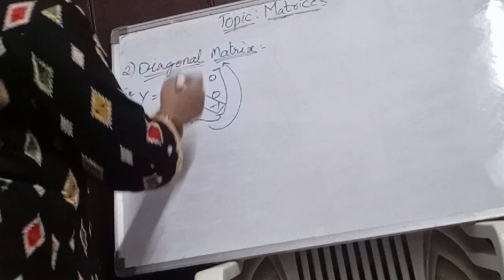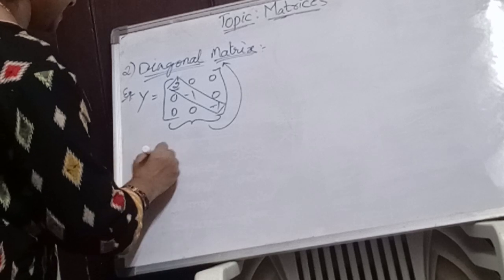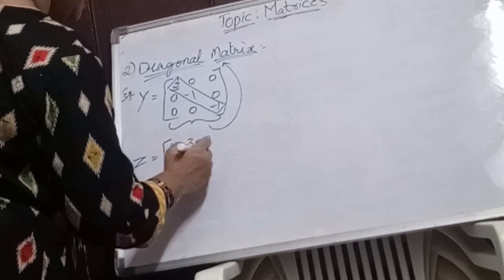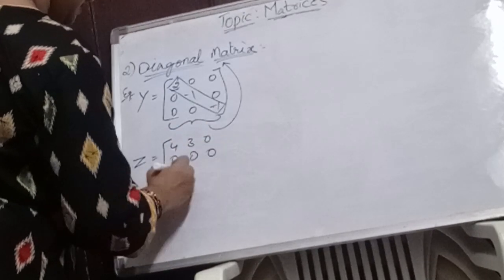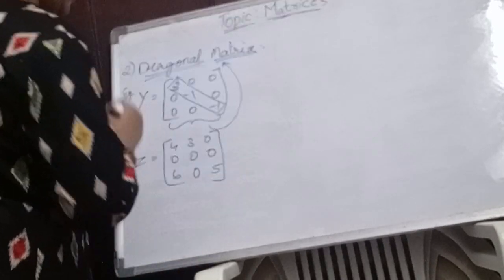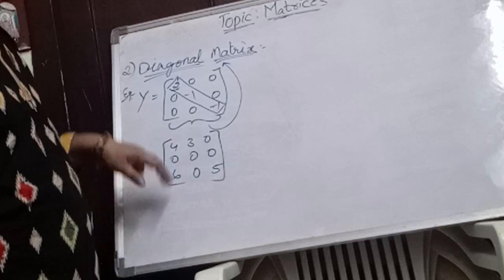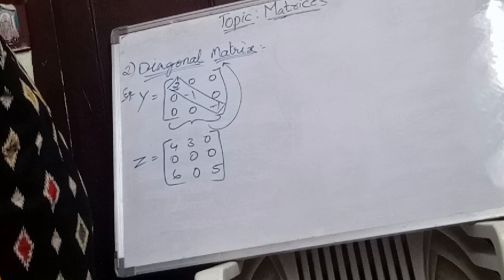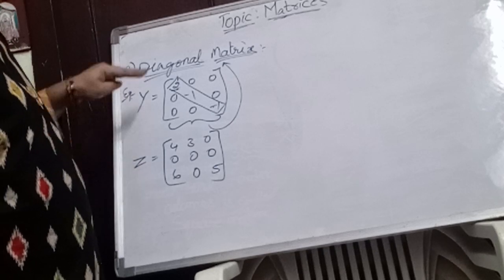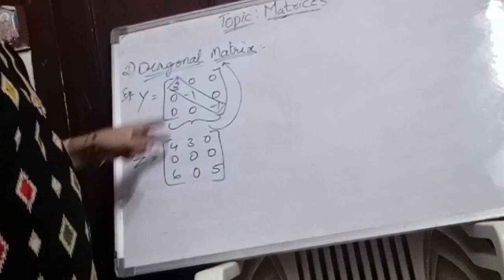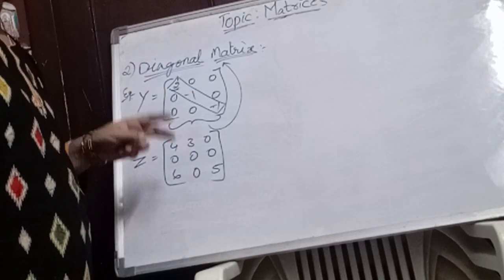Diagonal matrix. Let us take one more example. Z is equal to 4 3 0, 0 0 0, 6 0 5. What do you observe here? If we call a matrix a diagonal matrix, then the principal diagonal elements must be non-zero and the remaining, non-diagonal elements must be zero.